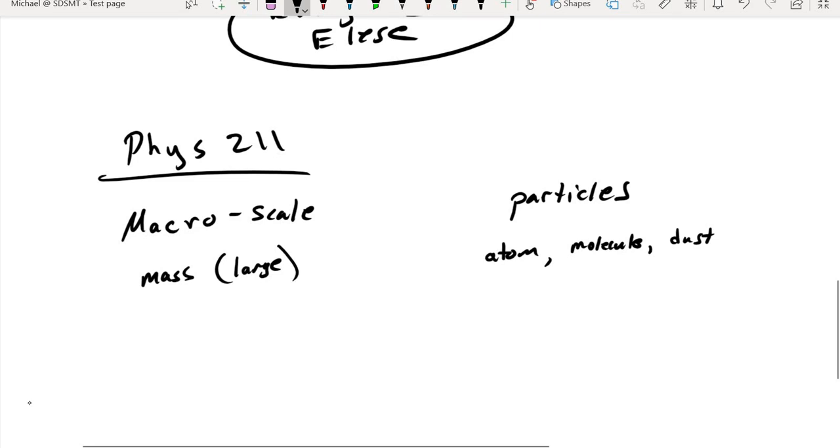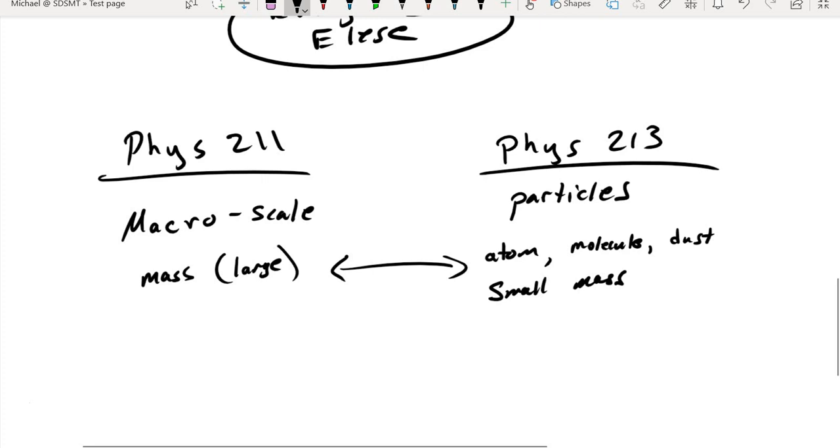And so, as we said, in comparison, these large masses versus these small masses are really what are going to distinguish the two classes.